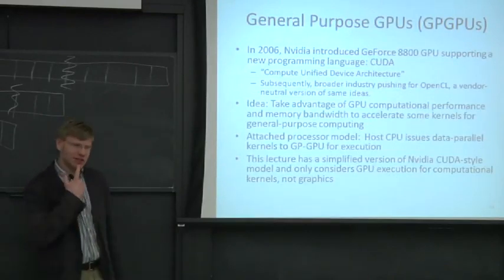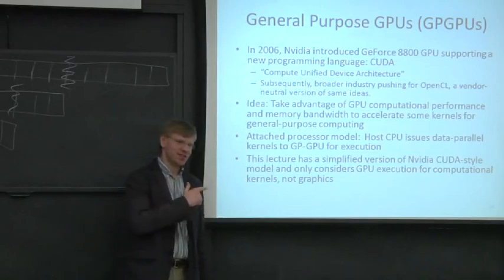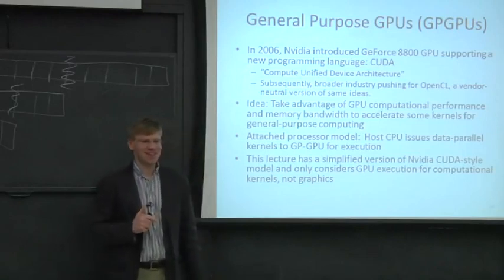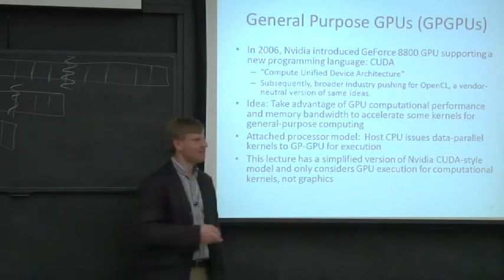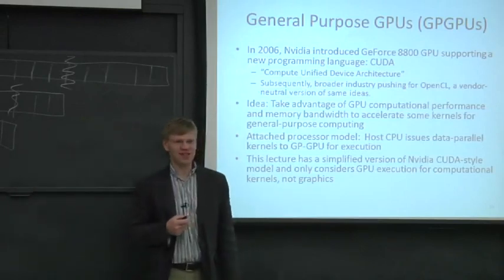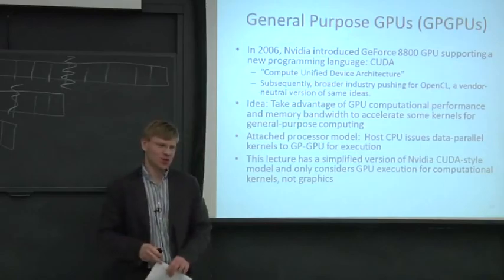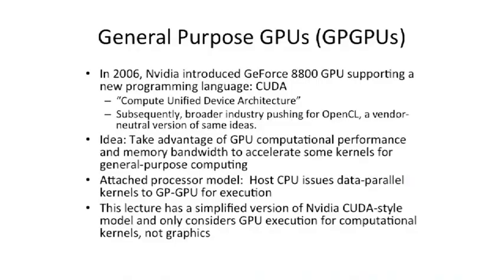So this brings us to general purpose graphics processing units. We still have GPU here, so it's still special purpose, but then we stick GP in the front, and we call these GPGPUs. A good example of this is that NVIDIA came up with a programming language called CUDA.